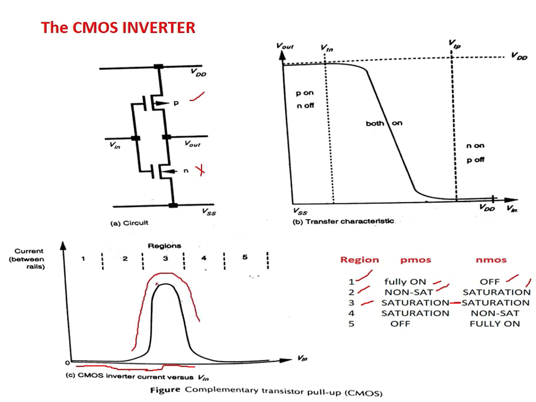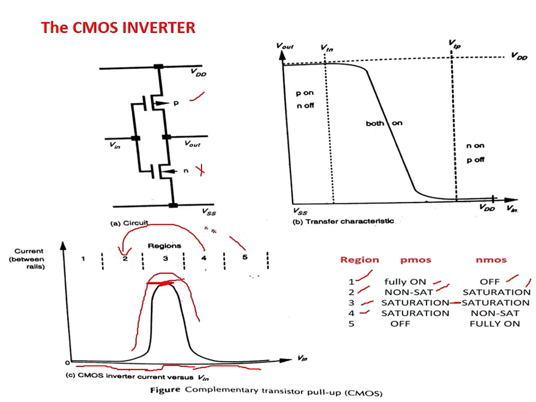Here you are getting maximum current. If you go on increasing this input, the behavior of transistors will be reversed. In the fourth region it is exactly opposite to the second region, that is, the PMOS transistor is in saturation and the NMOS transistor is in non-saturation.